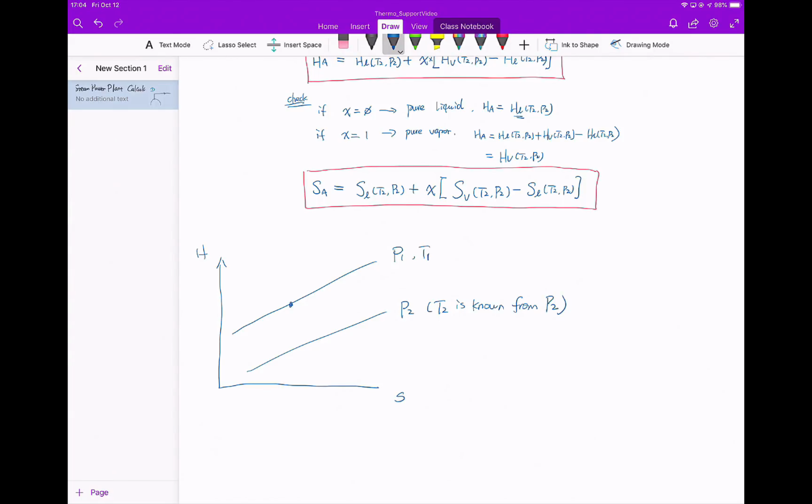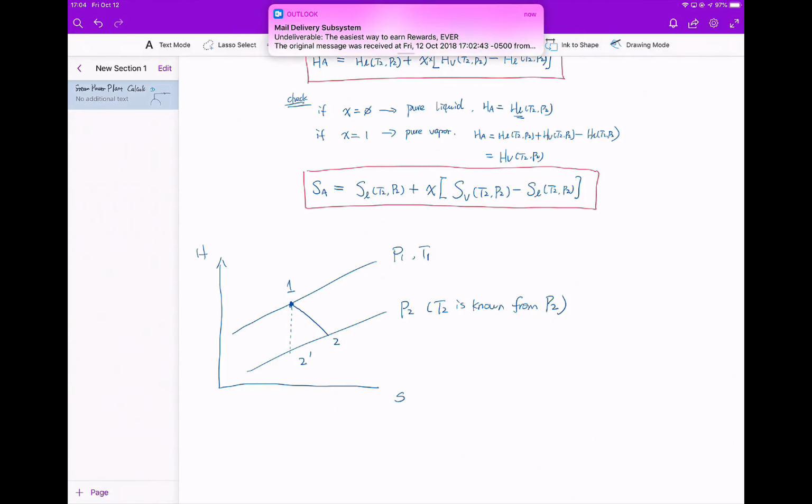I have this initial state 1, then I'm going to carry out this isentropic process, which we called in the lecture 2 prime, and that is the actual 2. So you can see that 2 and 2 prime have the same vapor and liquid at T2 P2, but their vapor liquid ratio should be different.